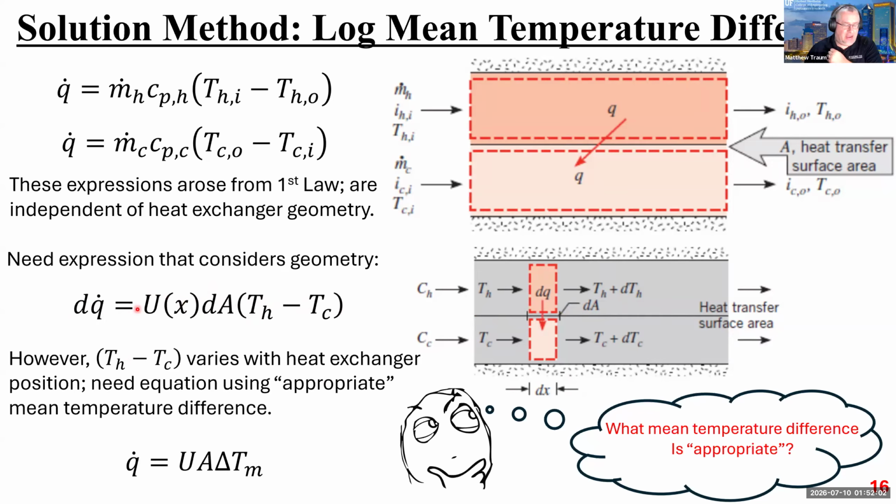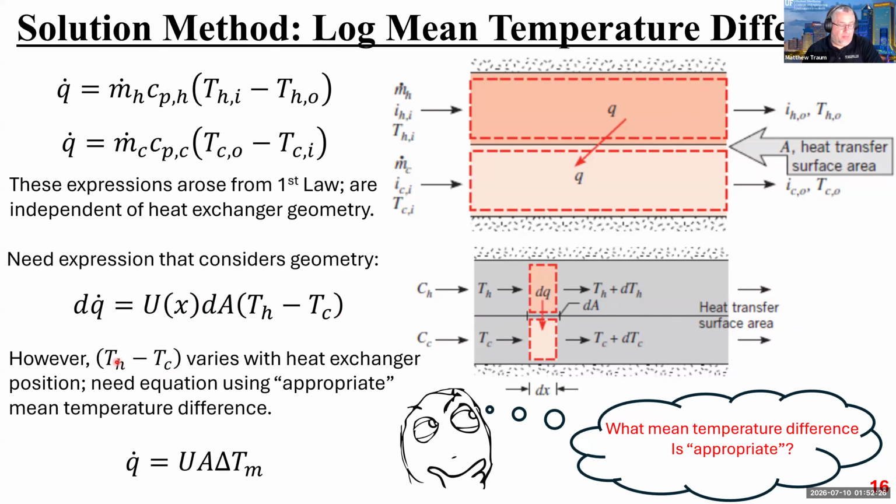In this case, I represented U as a function of X. We'll find out later on that unless you're told otherwise, we just assume that U is constant. But I wanted to be clear in this slide that it can actually change as you traverse down the heat exchanger. So just be aware that U can possibly change.